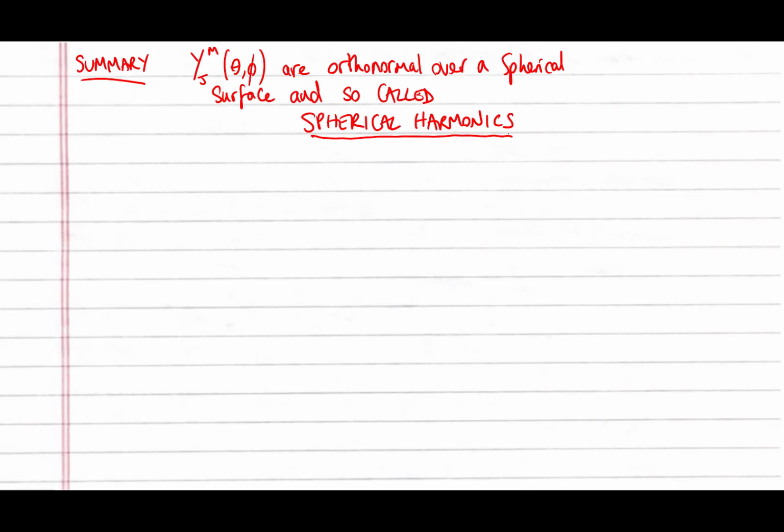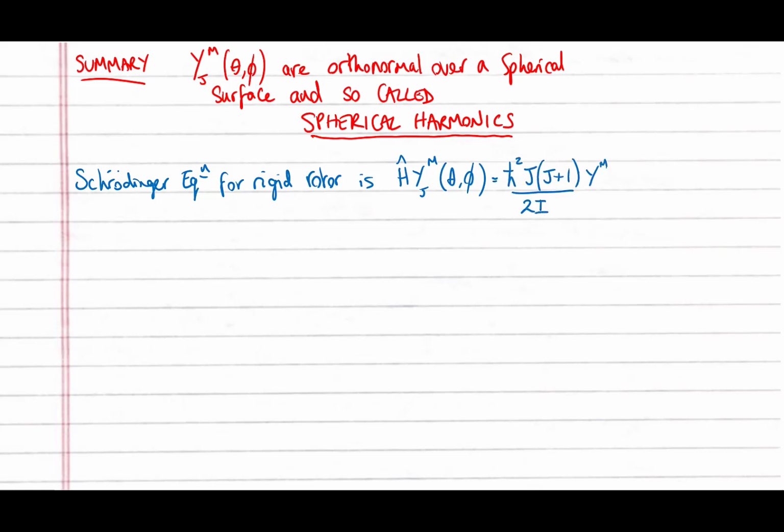So what else in summary in here? So the Schrödinger equation for the rigid rotor is, we found that to be H hat Y_jm. So the spherical harmonics are in there as that Y function, equals, we'll look at that in a second.